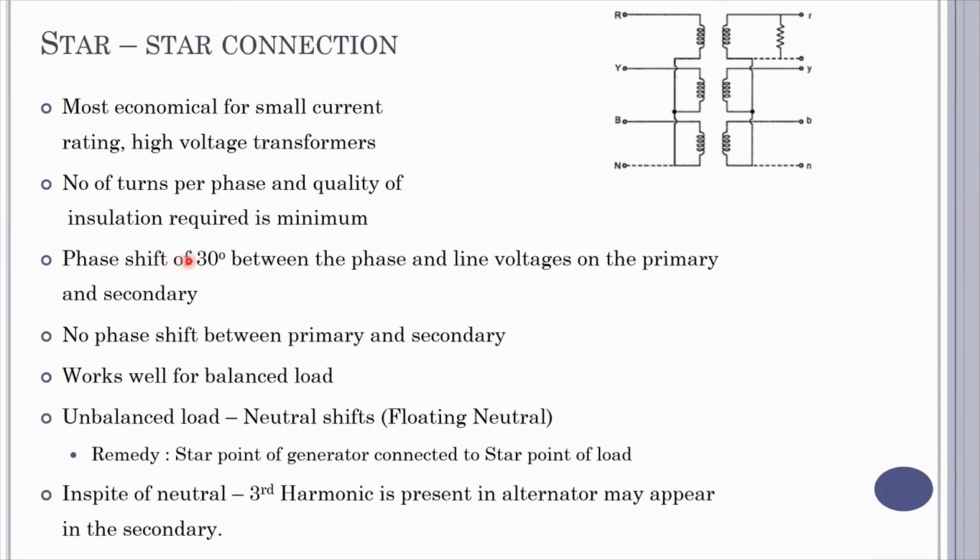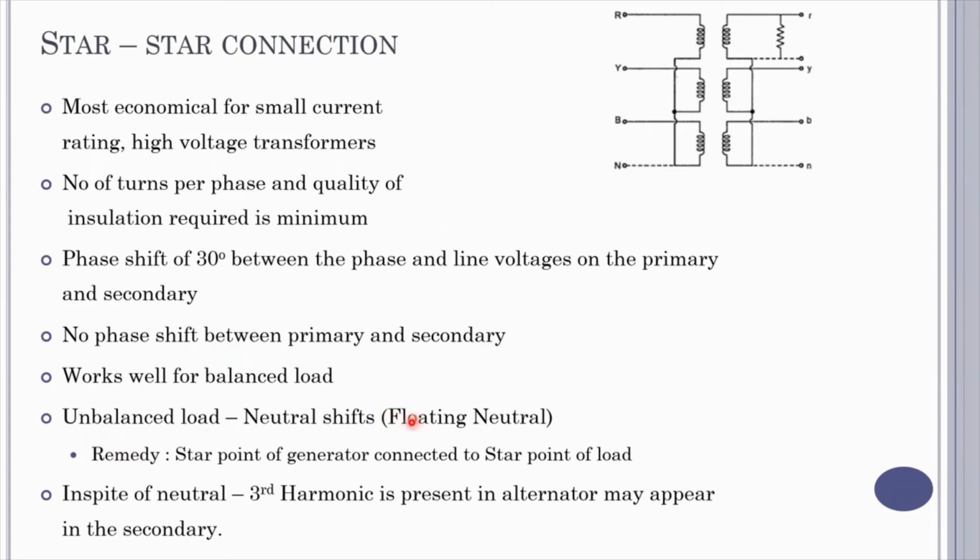And there occurs a phase shift of 30° between the phase and line voltage because they are connected in star configuration. And it works well in case we have balanced load. And this is one major advantage of having a star-star connection. And also another advantage is that we have the neutral point.